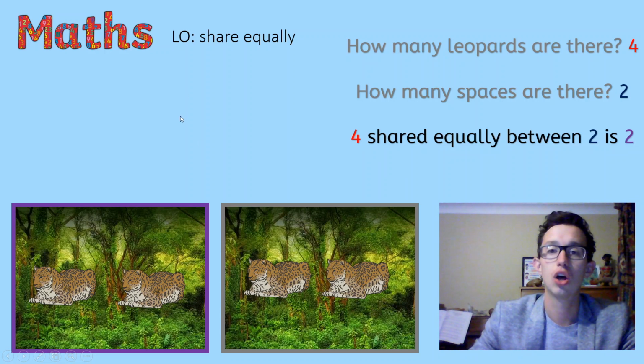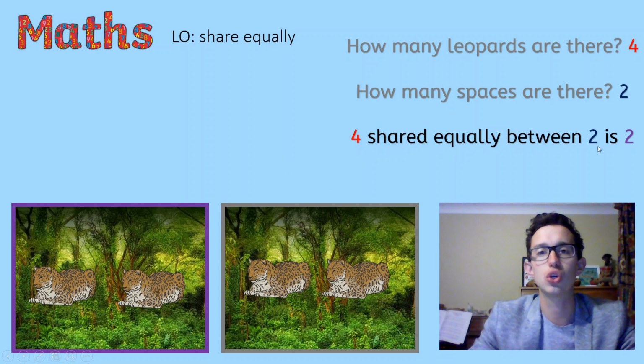Well done, there are 2 leopards. So the full sentence is 4 shared equally between 2 is 2. Can you say that with me? 4 shared equally between 2 is 2.